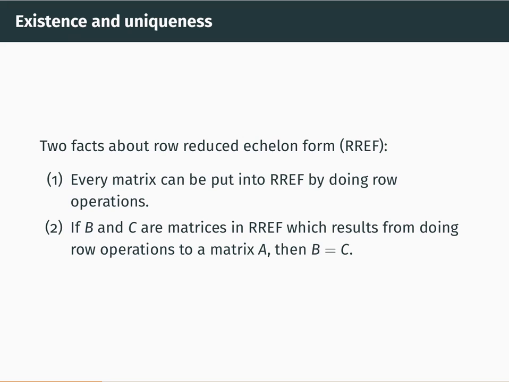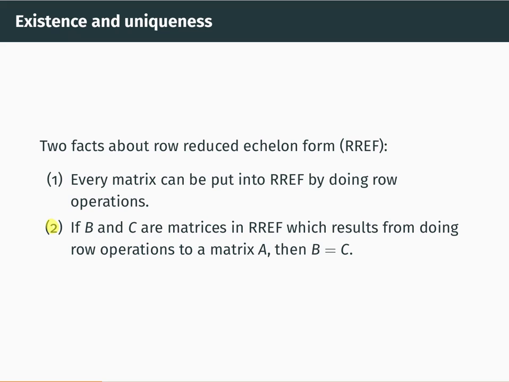The next fact is not obvious at all. We don't actually need it, so I'm not going to give a proof of it, but it's useful to know that this fact is true. And what it is that if B and C are matrices in row-reduced echelon form, which result from doing row operations to a matrix A, then actually they're the same.